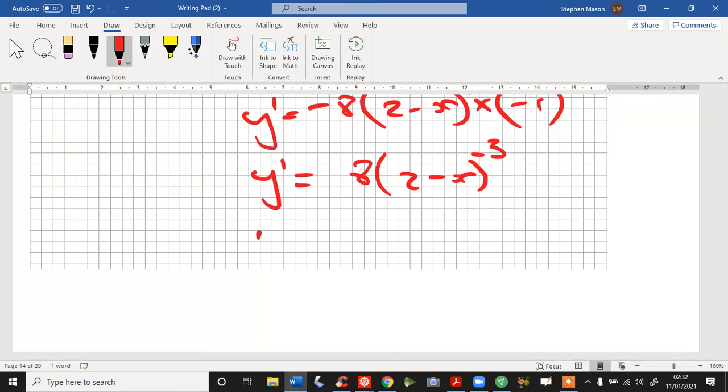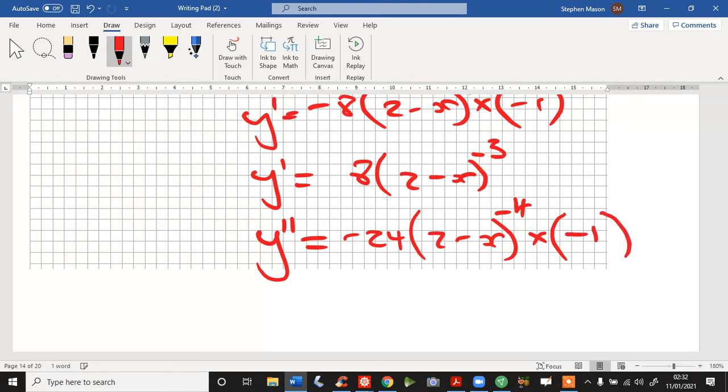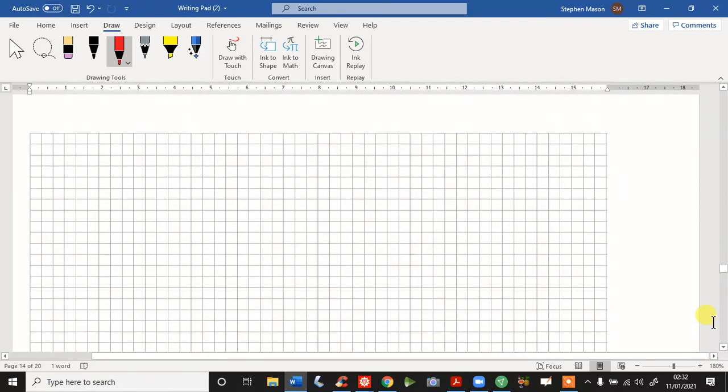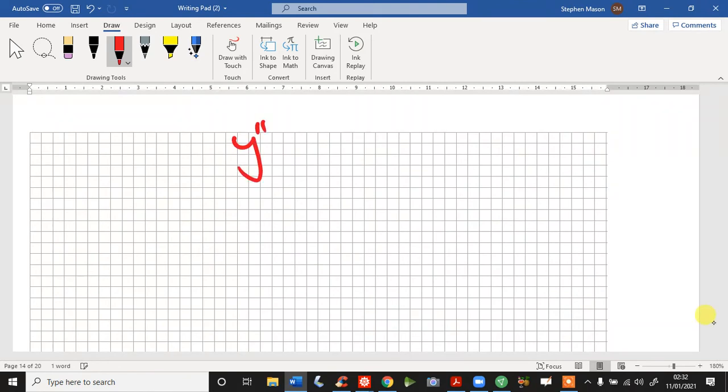So differentiating again for y double prime, we get minus 3 times 8, which is minus 24, times 2 minus x all to the power minus 4, times the derivative of whatever is in the bracket, 2 minus x. So the derivative of that is minus 1, and we find that y double prime is equal to 24 times 2 minus x to the power minus 4.